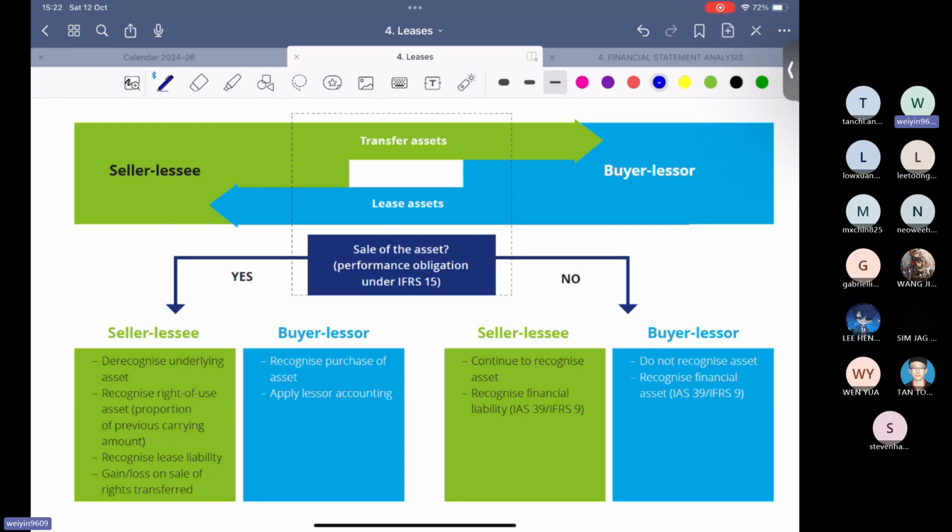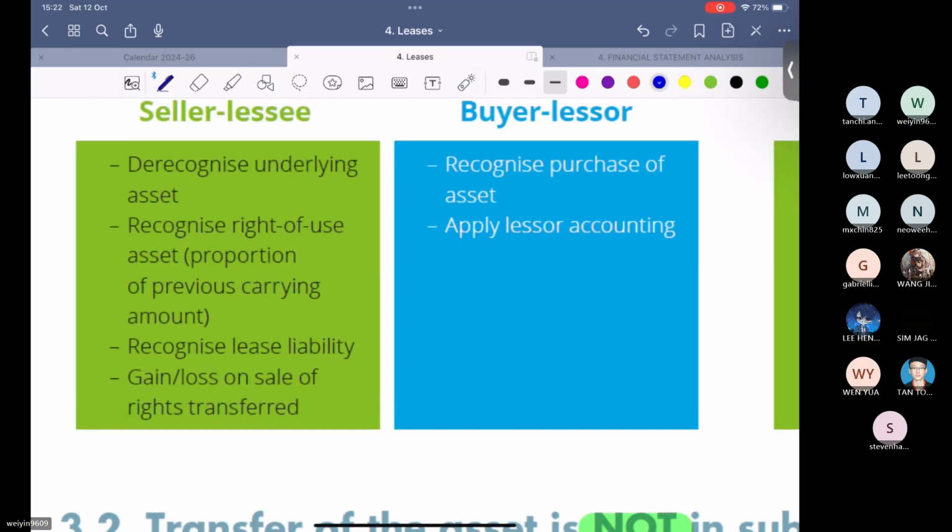ask yourself the first question: is it a sale? If you say yes, then we go to these two. This is a summary, so I didn't write it all out. De-recognize the underlying asset for the seller, recognize the right-of-use asset, and then recognize the lease liability, and the gain or loss on sale of the rights that were transferred.